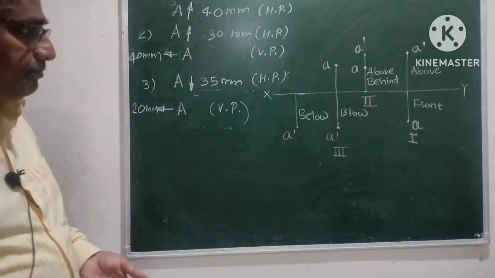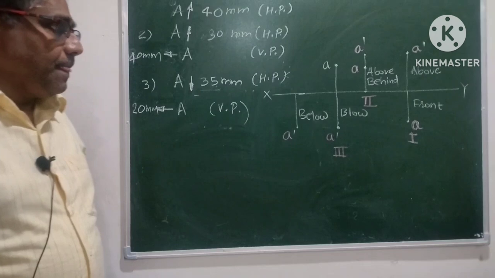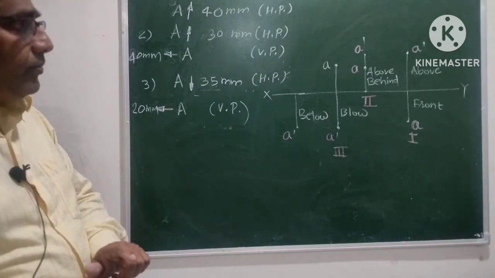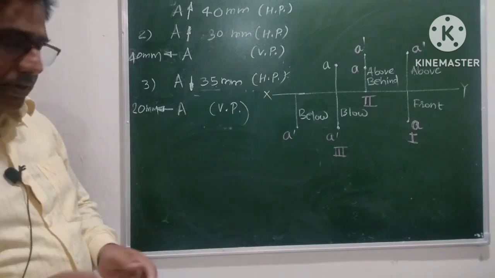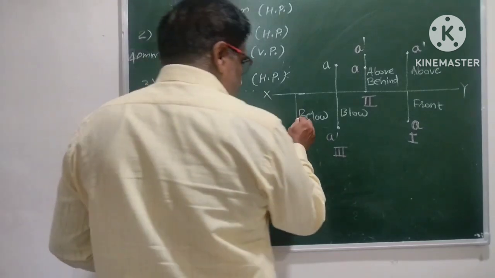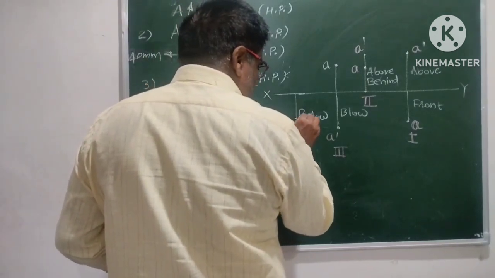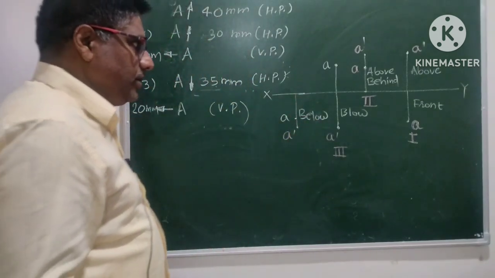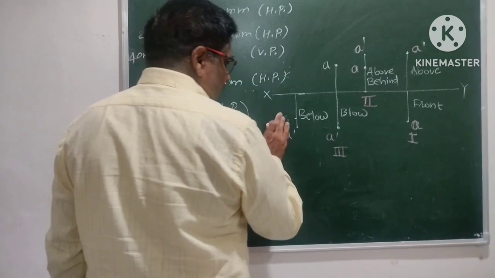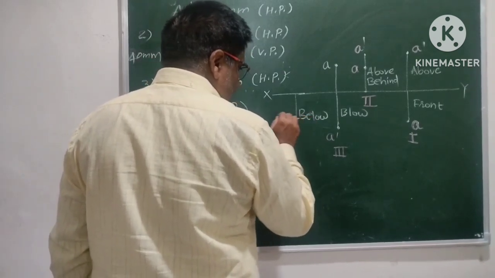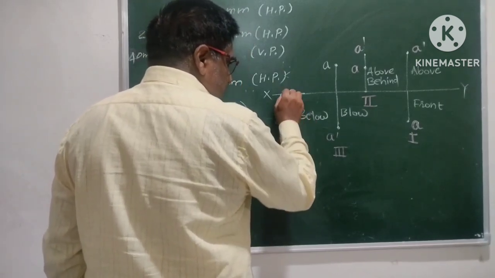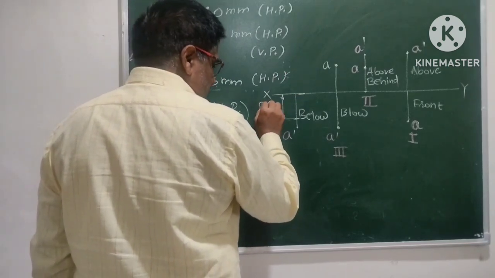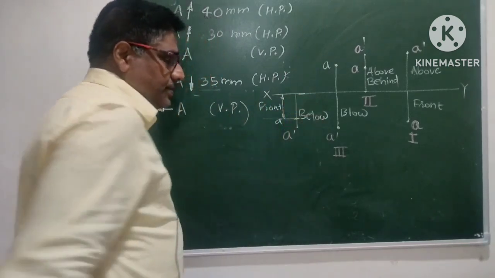Therefore, front view as well as top view will fall on the same side of XY line. We get the top view on the same vertical line but below XY. And what wording? It is in front of VP. Front. This is front distance.